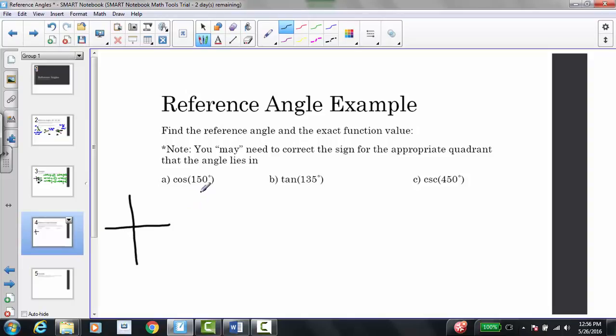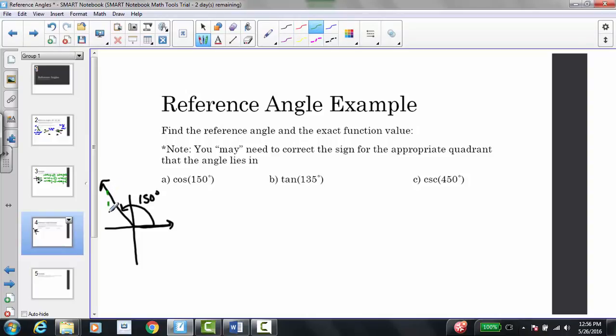Cosine of 150 degrees. 150 degrees is between 90 degrees and 180 degrees. So drawing that angle in standard position, here's 150 degrees.